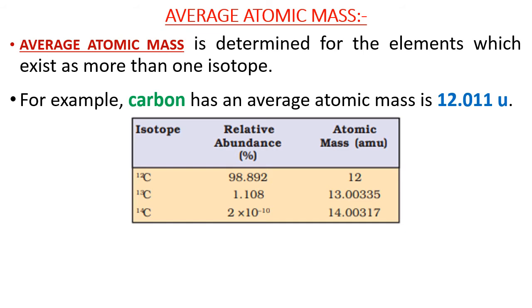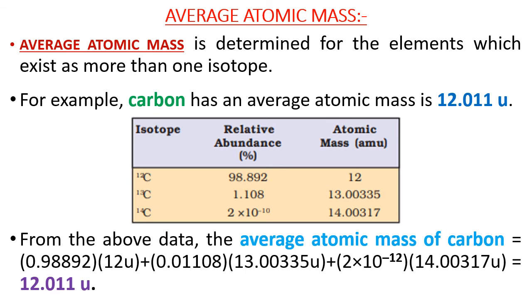Carbon-13 has a relative abundance of 1.108 and atomic mass is 13.00335. Carbon-14 has a relative abundance of 2 × 10^-10 and its atomic mass is 14.00317. From the above data, the average atomic mass of carbon becomes equal to 12.011 u.